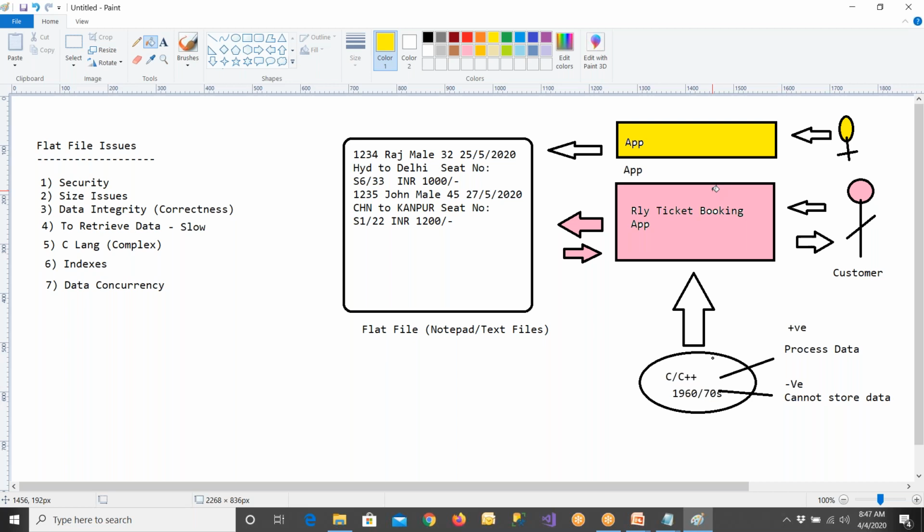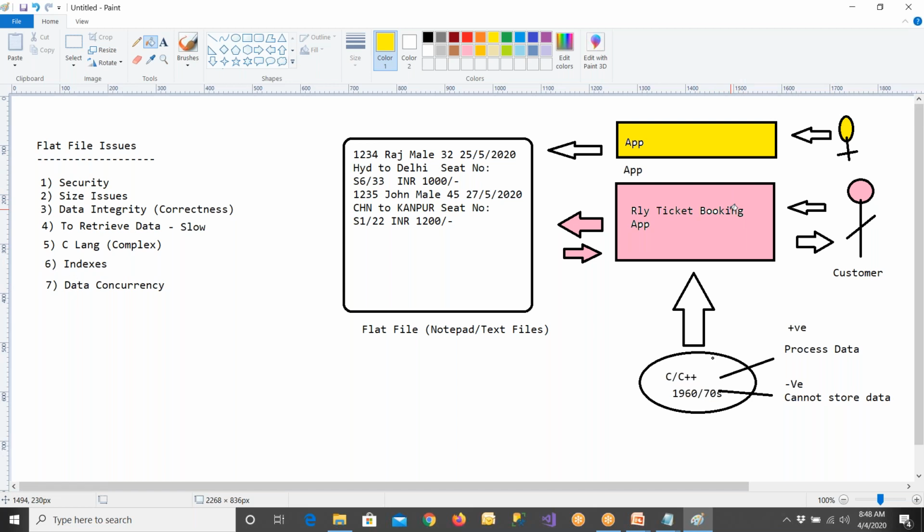But today, everybody can book train tickets in parallel. You can book at 10 o'clock, I can also book at 10 o'clock. Concurrency issues are not there in current applications, but early in the 60s and 70s we had a lot of concurrency problems, with many people wanting to use the same application at the same time.